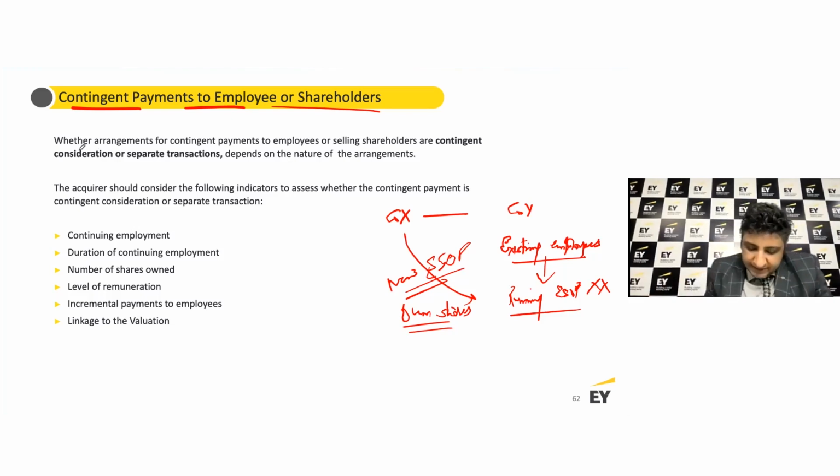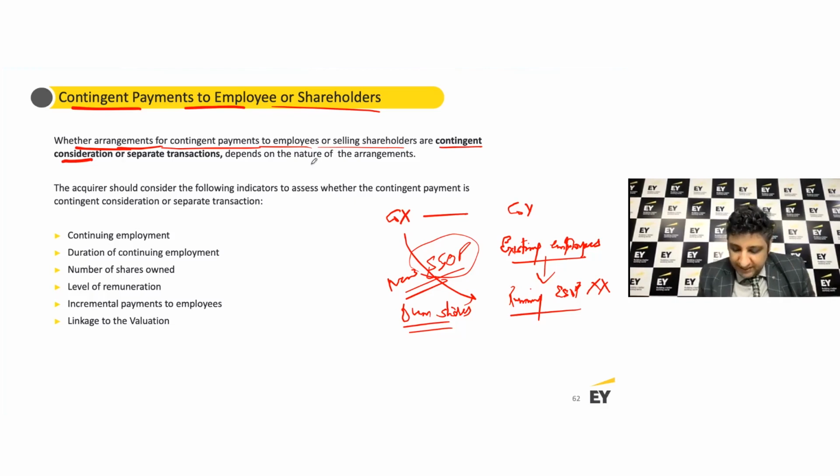So whether there are arrangements for contingent payments, of course, in this case also, when you're issuing ESOPs, there is an expectation, right? There could be an expectation of again, the market conditions or service conditions and stuff like that. So when there are arrangements being made with the employees or the existing shareholders, and there are contingencies involved, how is the accounting, how is the treatment done for that?